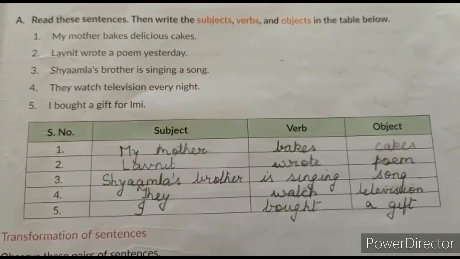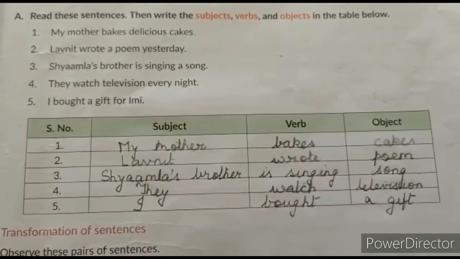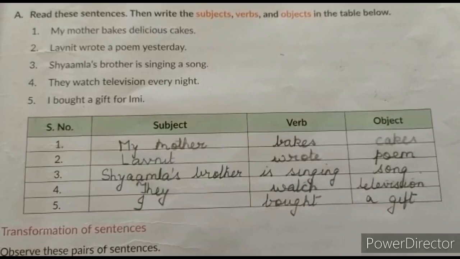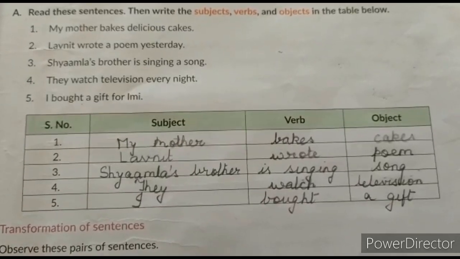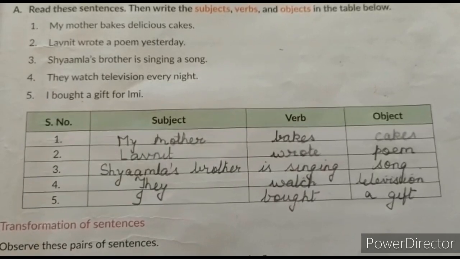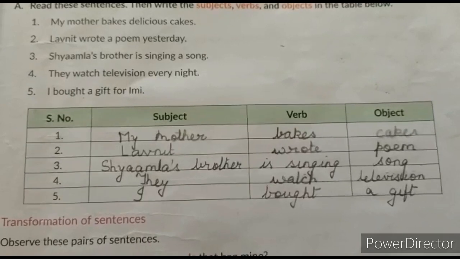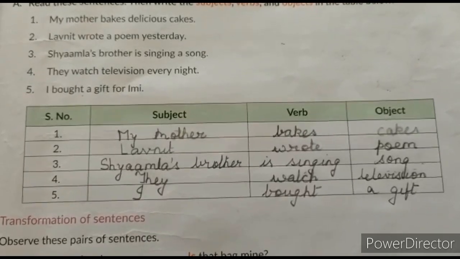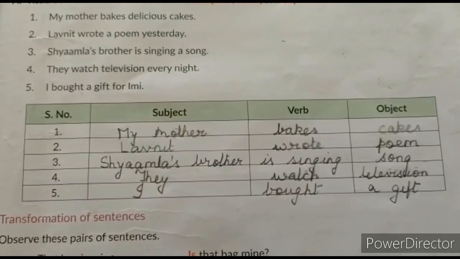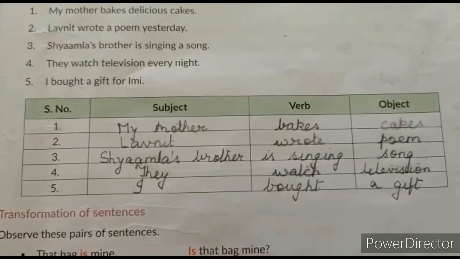Number 1. My mother, subject, bakes, verb, cakes, object. In sentence number 2, Lavneet, subject, wrote, verb, poem, object. And sentence number 3, Shyamala's brother, subject, is singing, verb, song, object.